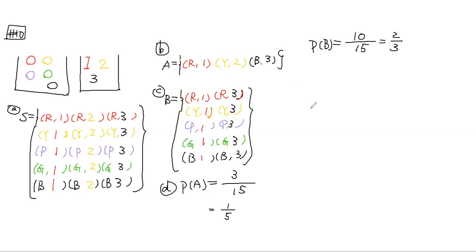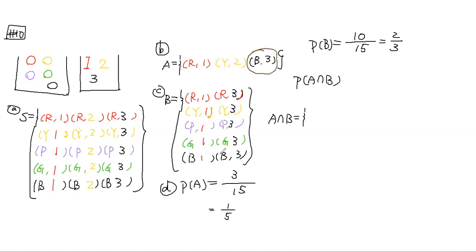Now the other one here, I'm going to find A intersect B. That means the common terms here, right? So let's see which ones we have in common. Oh, this one is a common term.